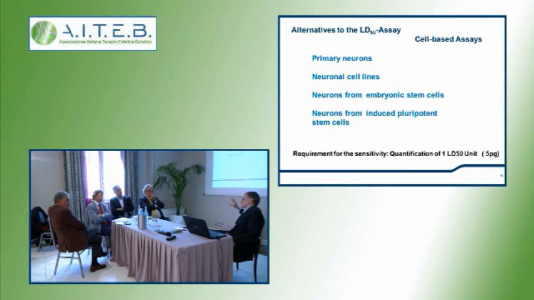You can use different cell systems, as I have listed here. You can use primary neurons, but then you also have to kill mice. You can use neural cell lines. You can use neurons from embryonic stem cells, not so easy to prepare. Or you can use neurons prepared from induced pluripotent stem cells.